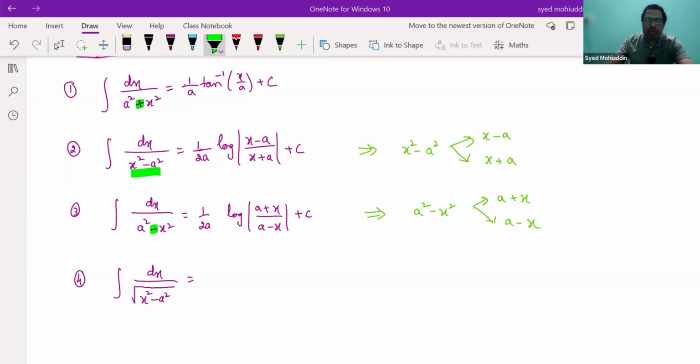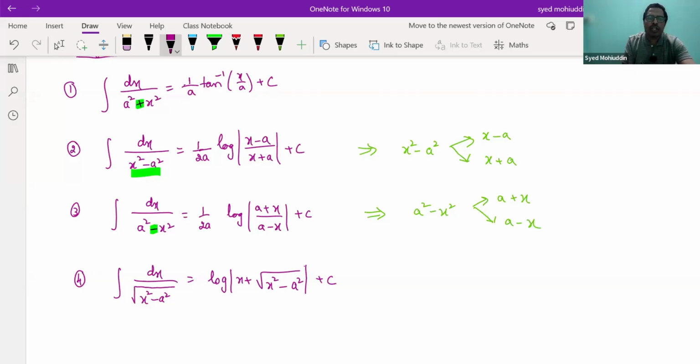The formula will be log of mod x plus root of x square minus a square, under mod, plus the constant of integration c.